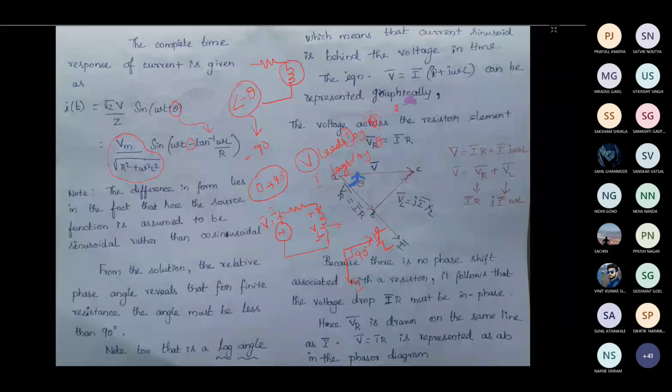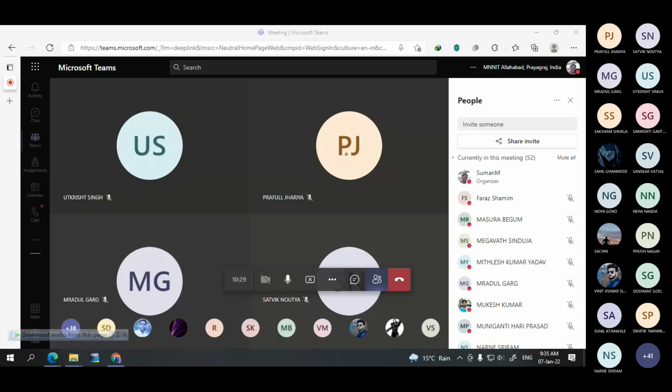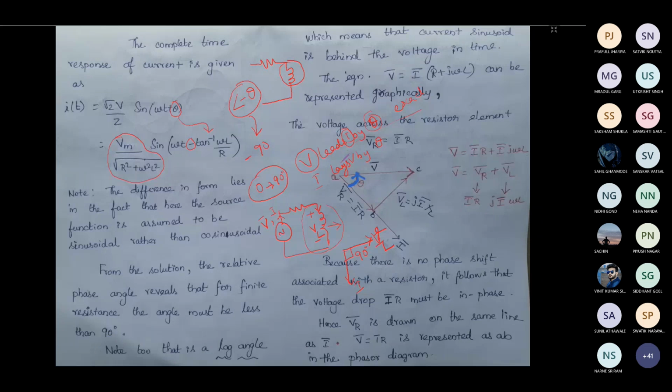It is not exact 90 degree. Okay, so that is only the difference. Here the difference is in the source side you will be getting voltage leads the current by some angle, but when you are seeing only in the inductive perspective, the voltage across the inductor leads the current by 90 degree exactly.